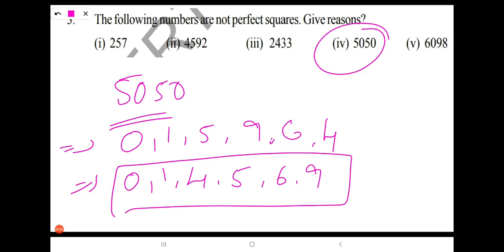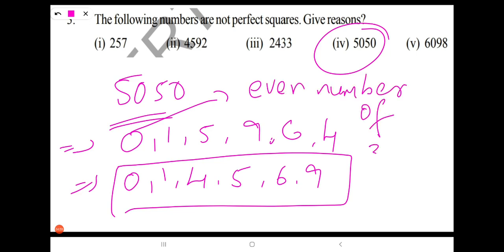But coming to the 0 case, if the number is a perfect square, it definitely ends with an even number of zeros. Okay, did you get the concept?